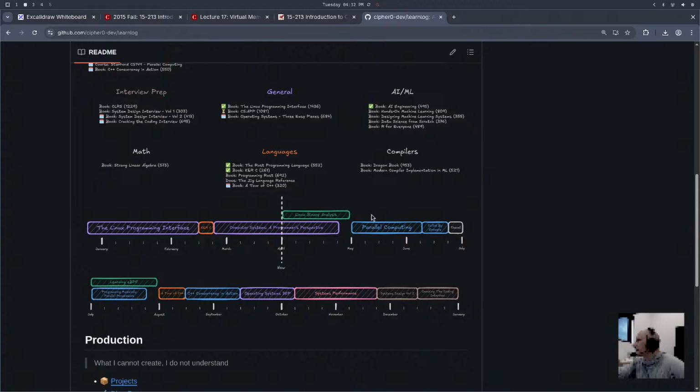All right, that's a lot of links there, but I pinged you on Discord with everything.